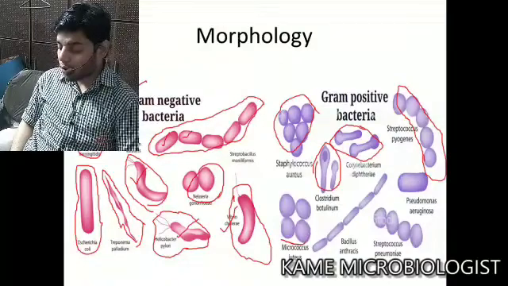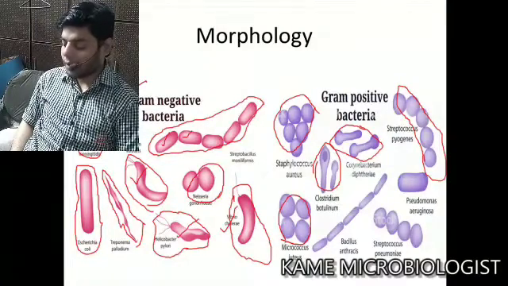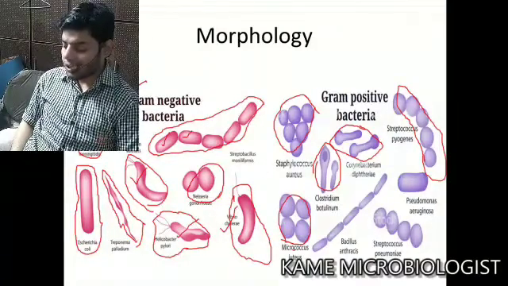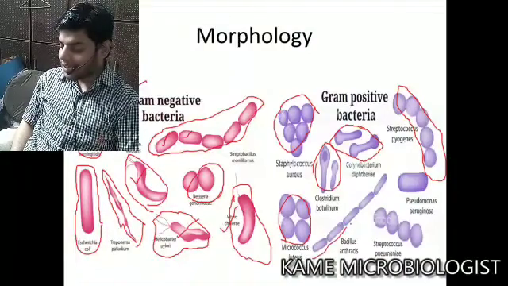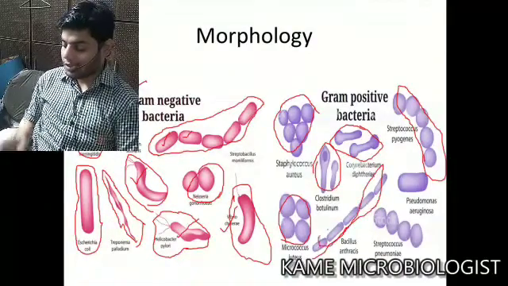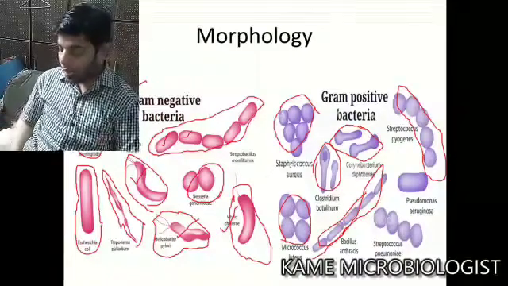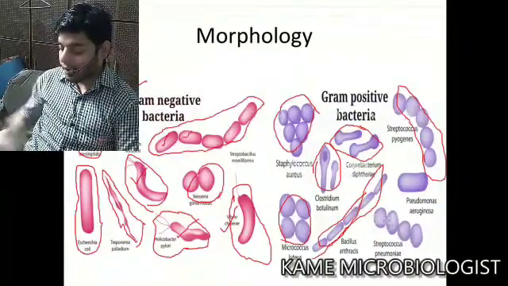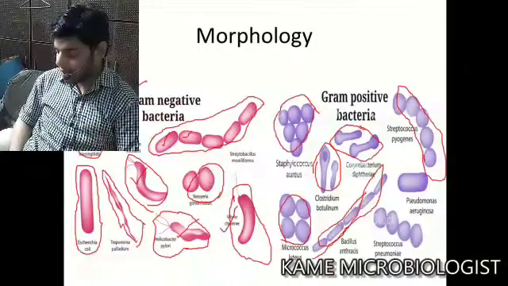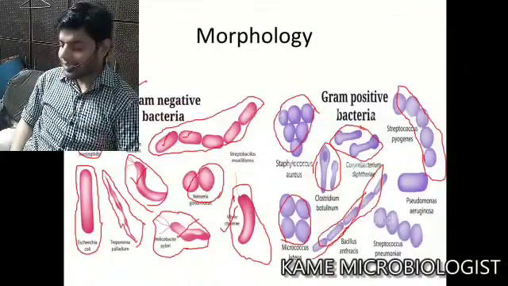Then we also have a cocci-shaped bacteria, which we call Micrococcus luteus. And remember guys, in the case of Bacillus anthracis, if you find a purple color under the light microscope and all rod shapes that make a chain, as you can see, we call that Bacillus anthracis.